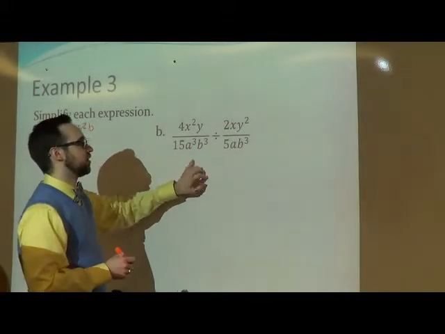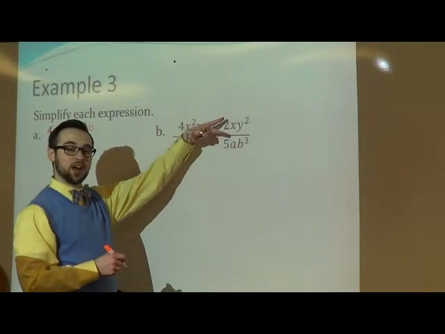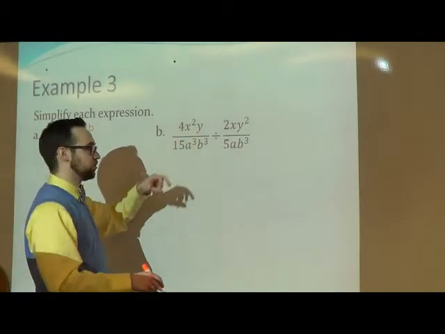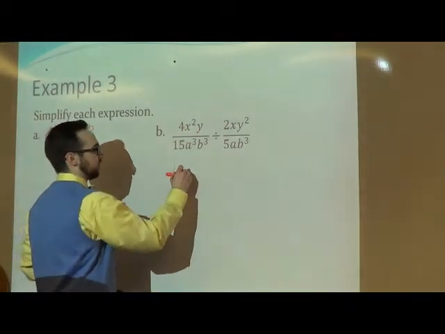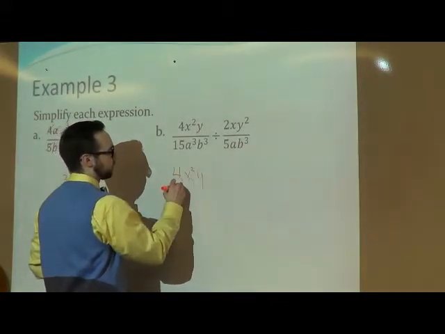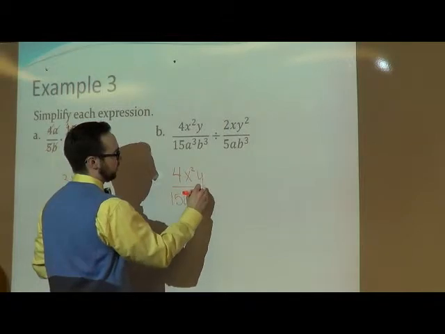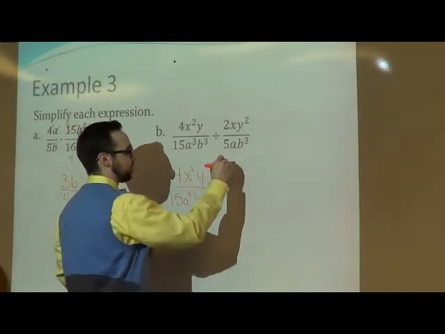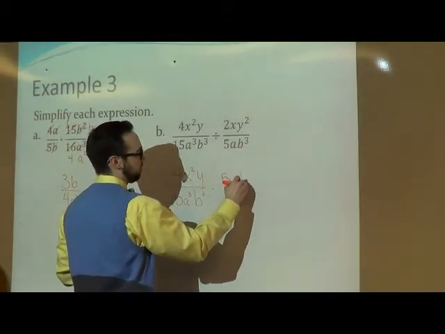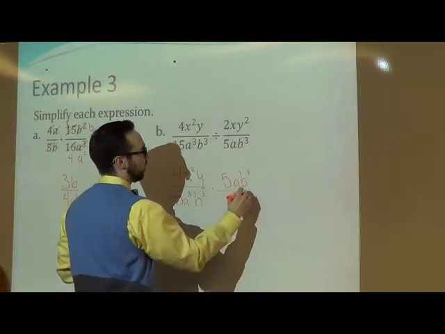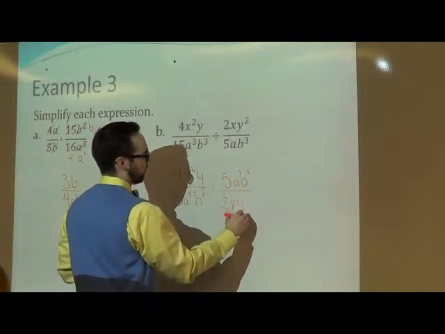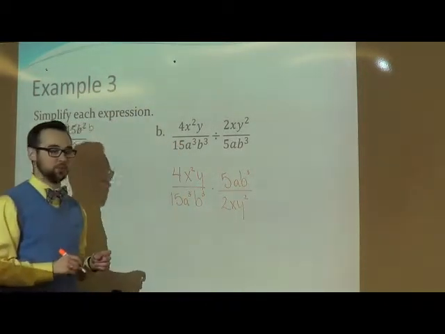When we divide, you must flip the fraction before you cross-reduce. So I have to rewrite this as 4x squared y over 15 a cubed b cubed multiplied by the reciprocal. So it's going to be 5ab cubed over 2xy squared. Now I can cross-reduce.